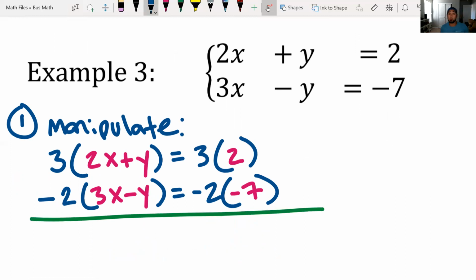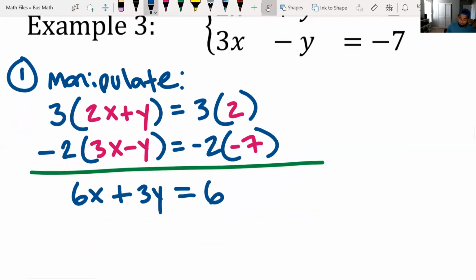And then I'm going to rewrite our new equations after manipulating, which means I'm going to distribute the 3 and I'm going to distribute the -2. So I will get 6x plus 3y equal to 6. I will get negative 6x plus 2y equal to positive 14.